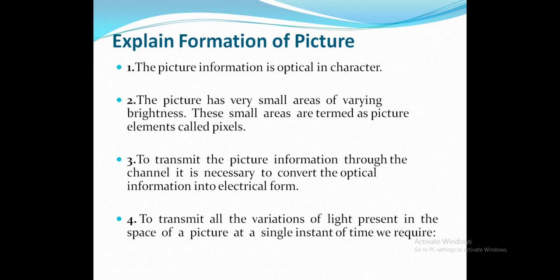And explain the formation of picture. The picture information is optical in nature. Each picture consists of small areas of varying brightness, which are called pixels or pels. To transmit the information through the channel, it is necessary to convert the optical information into electrical form.